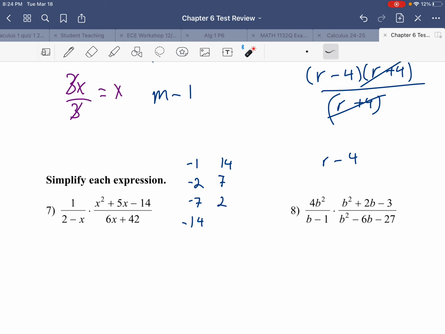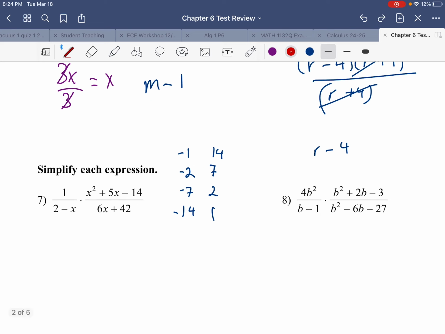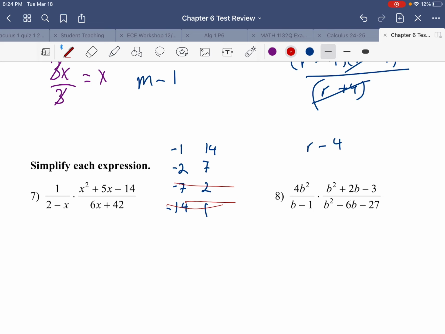So two numbers that multiply to negative 14. Oh, I forgot to put the 1. And then combine to a positive 5. I need to look at the examples where the positive number here is larger. So I can cross out negative 7 and negative 14. This would be negative 2 and positive 7. X minus 2 times x plus 7.